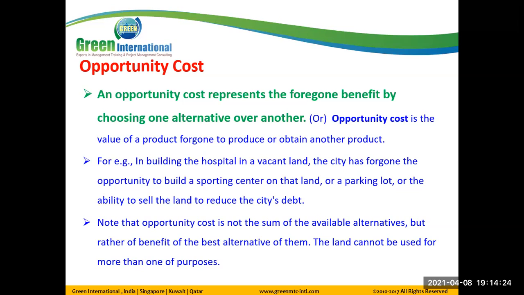That kind of opportunity is missed out. So when analyzing the alternatives' economic feasibility, that missed out opportunity cost should be considered. For opportunity cost, you only take the two alternatives, or the available alternatives and the best alternative. That one only you have to think.